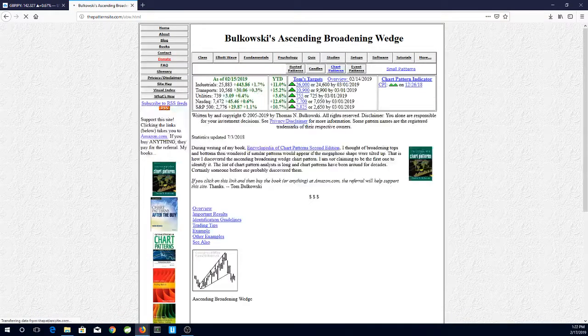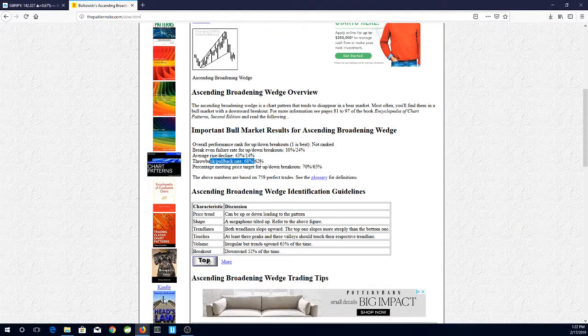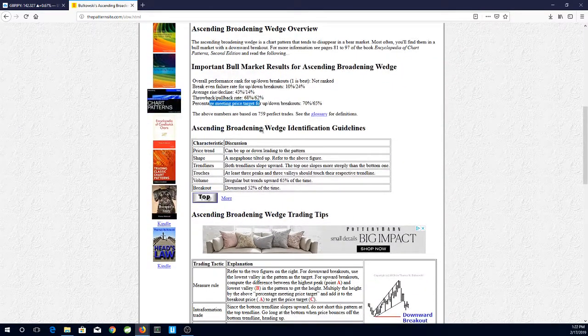Okay, all right, there we go. So this is ascending. Throwback, pullback rate, 68%. Here we go. Percent meeting target price for up-down breakouts, 70 to 65%. So this is how often it actually meets the price target. So that's your success failure rate, basically.